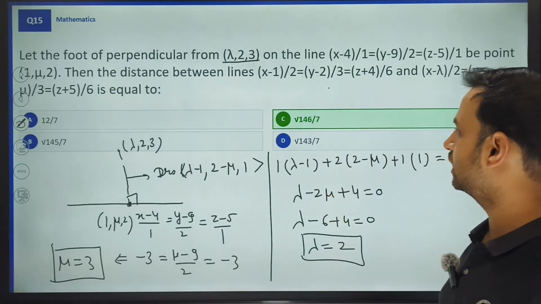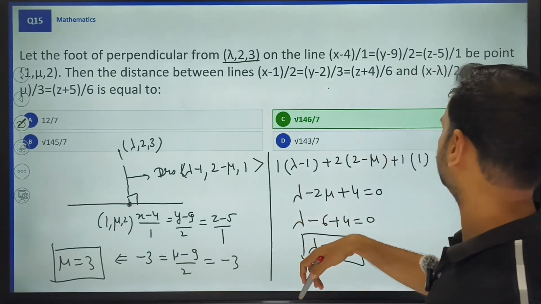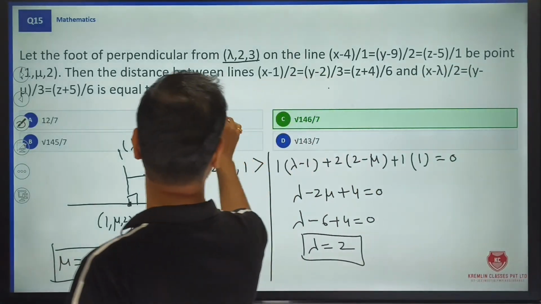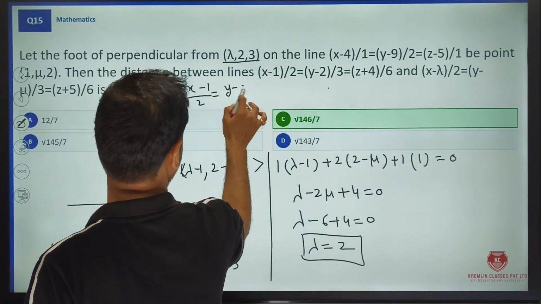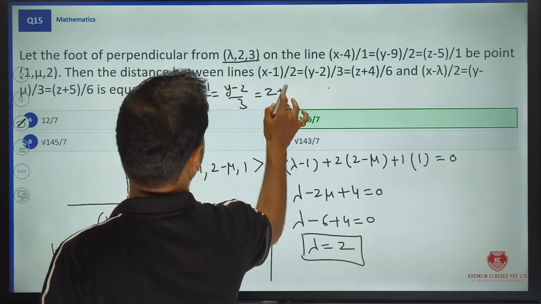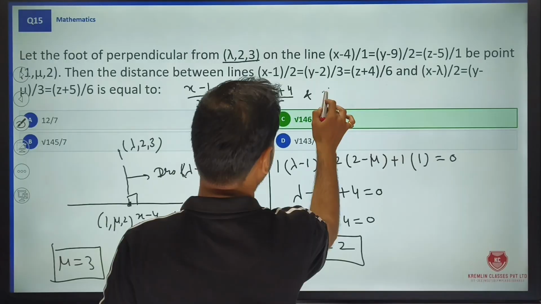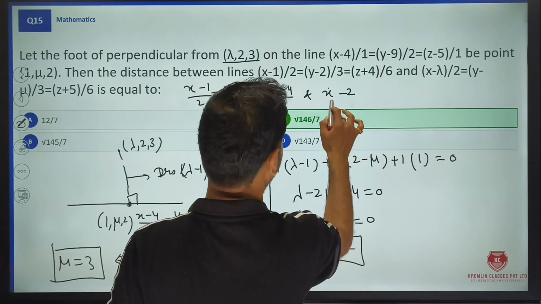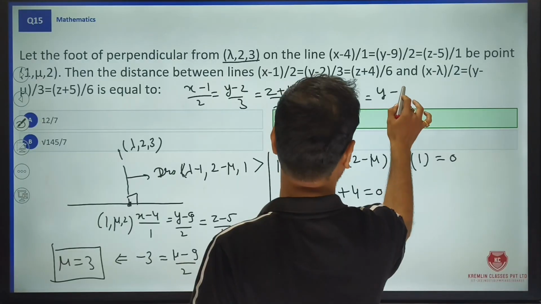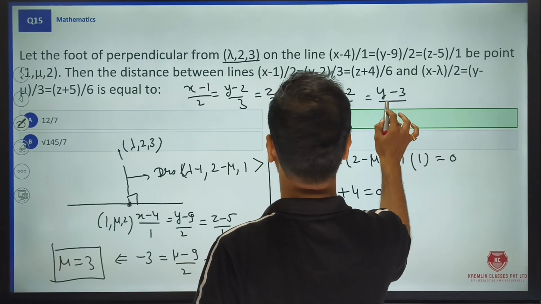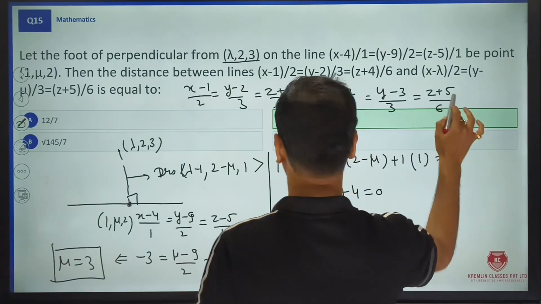Now we have to find the distance between these two lines. Basically these two lines are parallel, and let us rewrite these again. x minus 1 upon 2 equal to y minus 2 upon 3 equal to z plus 4 upon 6. And the second line is x minus 2 upon 2, y minus 3 upon 3 equal to z plus 5 upon 6.